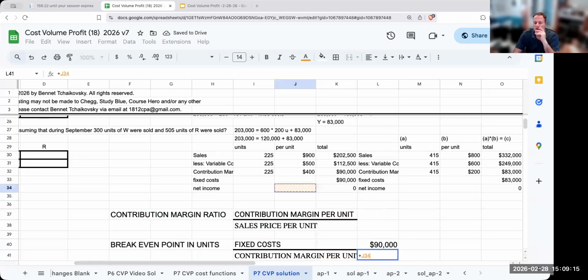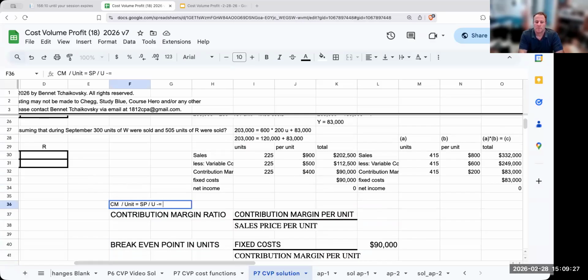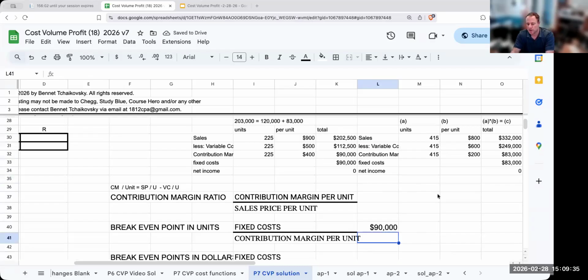My contribution margin per unit, remember, the contribution margin per unit is my sales price per unit minus my variable cost per unit. Okay, that's basically my contribution margin per unit. My contribution margin per unit is 400. Therefore, my break-even point in units is going to be 225.